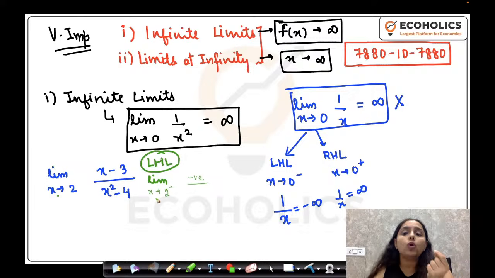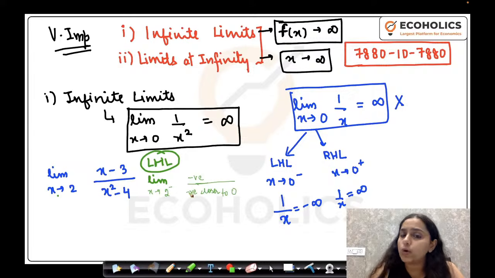Now because I'm talking about the left side, जहाँ पे numbers थोड़े छोटे हैं 2 से, तो x का square 4 से थोड़ा छोटा आएगा, तो you're going to have a negative number closer to 0. तो negative and negative क्या हो गया? Positive, but because a number is closer to 0, so you're going to get positive infinity, because negative, negative, positive.